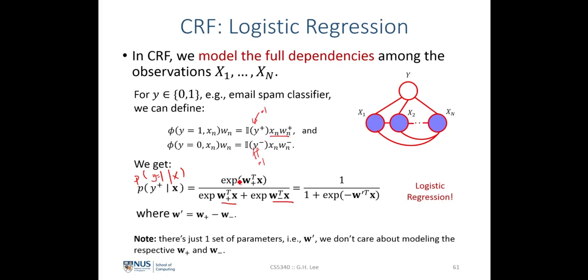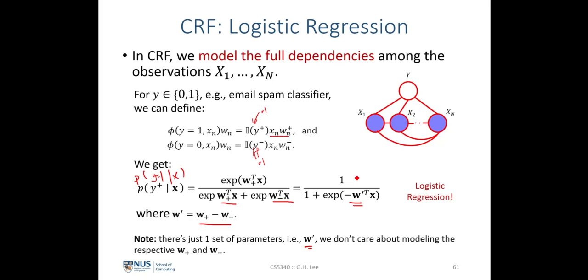So dividing throughout by the numerator, we'll get this particular term, where w prime is what we define to be w plus minus w minus. As a result, there's only one set of parameters that we need to learn, which is w prime. We collectively call this difference w prime, and we don't care about modeling the respective w plus and w minus in the original expression.